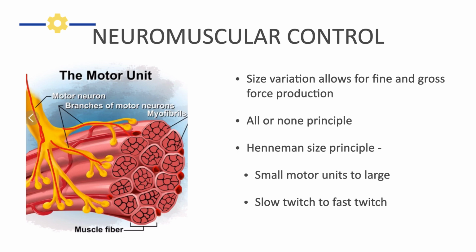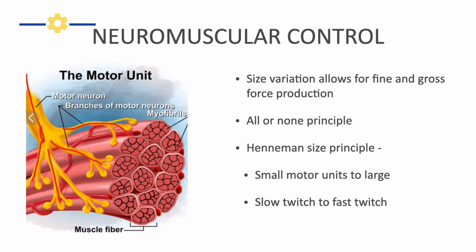That somewhat explains what happens when you get fatigued. You can't produce forces accurately, and that's because you've fatigued your small motor units, the ones that help you accurately control force, and now are relying mostly on these larger motor units, which aren't as good at controlling the level of force they're producing because they're larger.